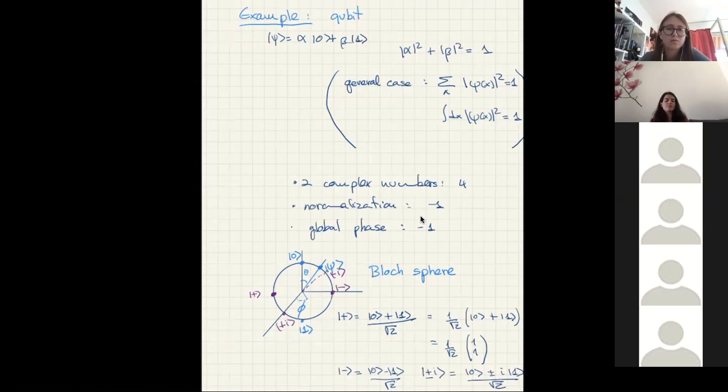Okay, so these are some examples of states that we'll see again and again because you can show lots of properties like this.